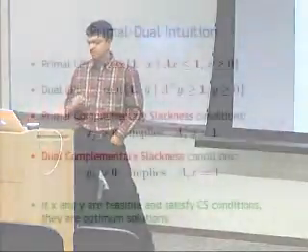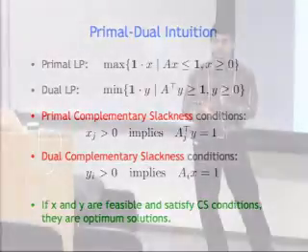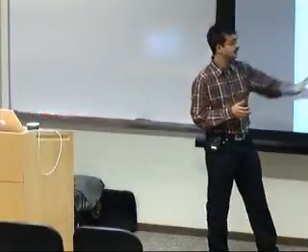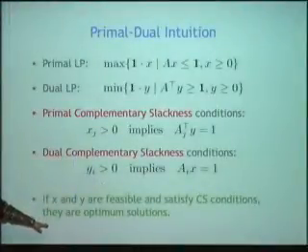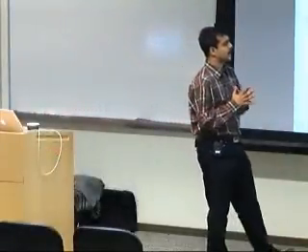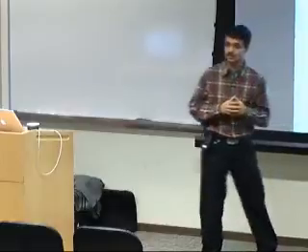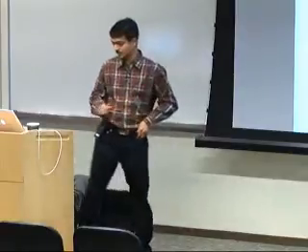And it's very easy to prove that if x and y form feasible solutions to the primal and dual respectively, and if they satisfy both the complementary slackness conditions, then they in fact form optimum solutions to the corresponding linear programs. So our algorithm is going to try and make the solution x and y satisfy complementary slackness conditions. So that's the general goal, and eventually we'll be able to show that we obtain near optimum solutions.